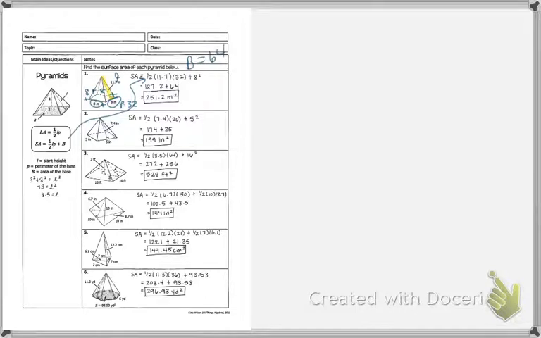So my equation is surface area is 1/2 lateral times the perimeter plus the base area. Well, I know the slant height is 11.7.